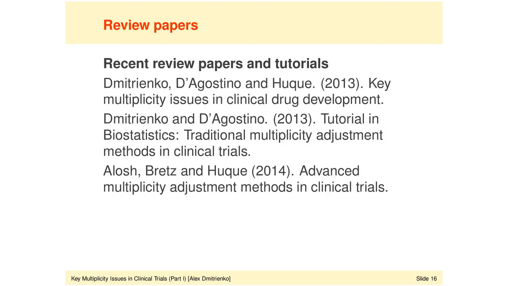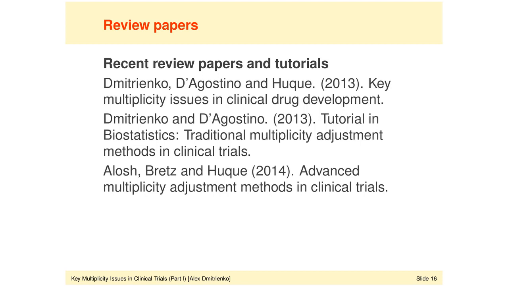In addition to this book that was published in 2009, you'll also find information on recent developments in the area of multiple comparisons with clinical trial applications in a number of review papers and tutorials in biostatistics that appeared in Statistics in Medicine, which is, as you know, an influential journal that provides broad coverage of biostatistical topics.